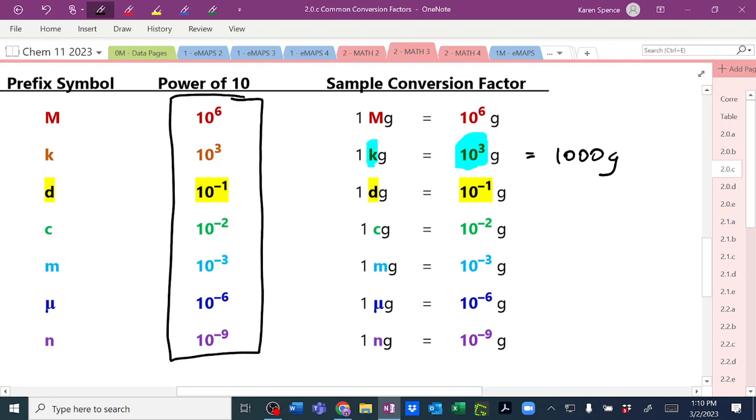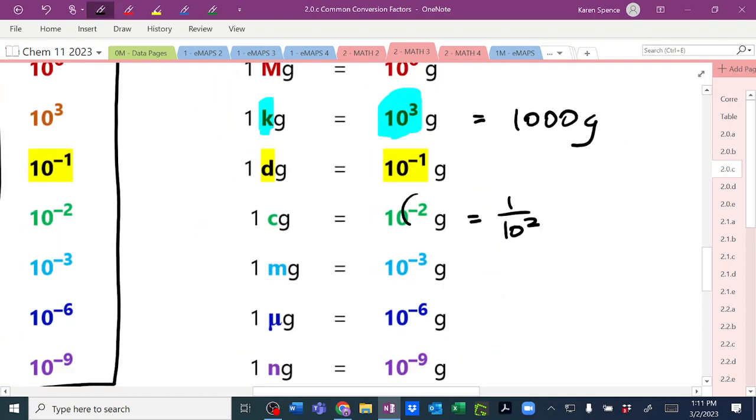A centigram, if you think about a centimeter, there are 100 centimeters in a meter, so a centimeter is 1/100th of a meter. So centi means 1 over 10 to the 2, because remember 10 to the negative 2 means 1 over 10 to the 2, which means 1/100th.